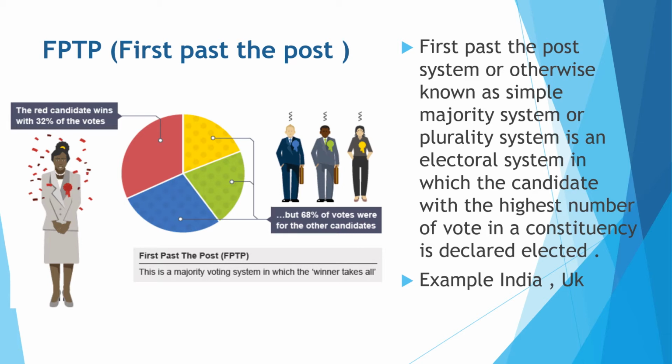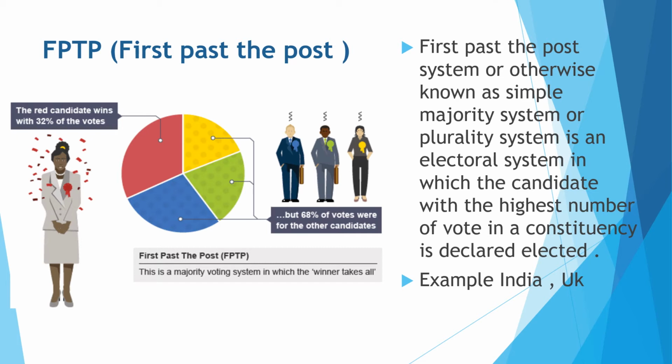In FPTP, a candidate does not need 50% of votes in order to win. Suppose a party gets only 25% of the votes, but everyone else gets even less than that. In that case, the party could win all the seats with only 25% of votes or even less.